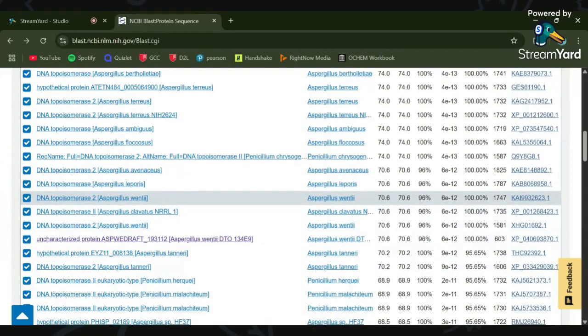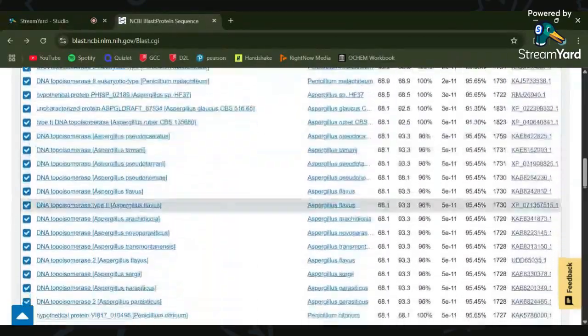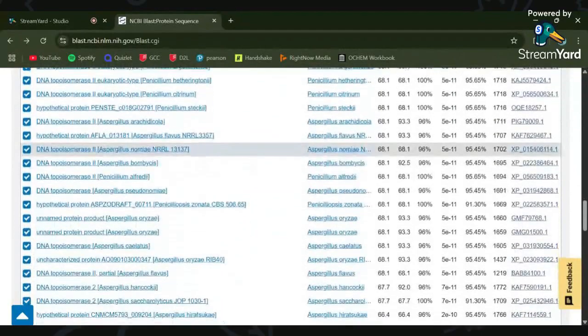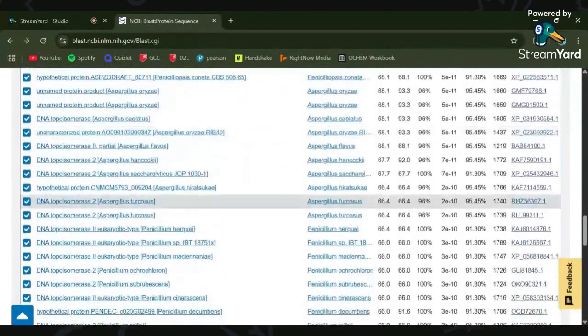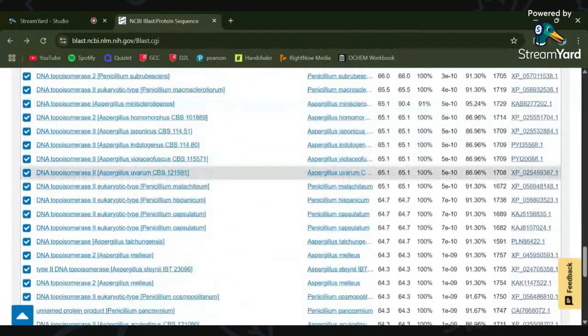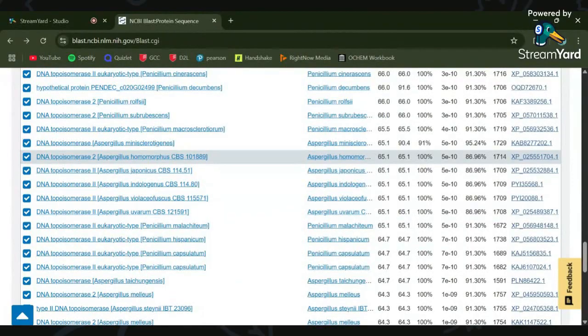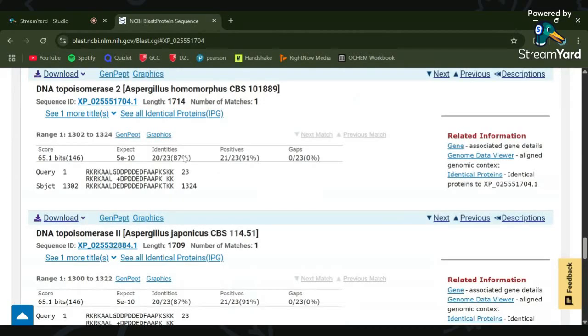So they're ranked in terms of similarity. Let's just go all the way down to the bottom. See if there's something that's really dissimilar. Oh, there's some that are 80. Oh, okay, that's interesting. Let's take one that's 86%. This one? Sure. And you can see that the score of confidence is a little lower.